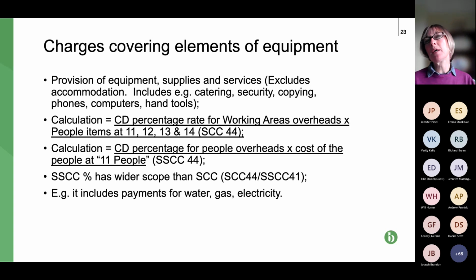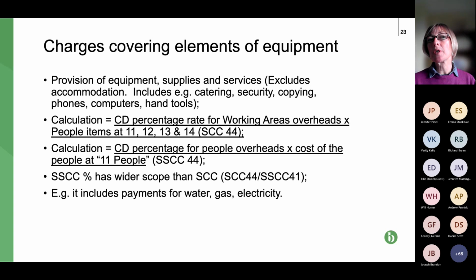So if, for example, you have a particular compensation event, you calculate the cost of your people, the first item we looked at, and then you apply whatever the percentage is to work out the cost of some of the charges. So typically it's things like the consumables, the gas, the electric, etc., and some other bits and pieces.